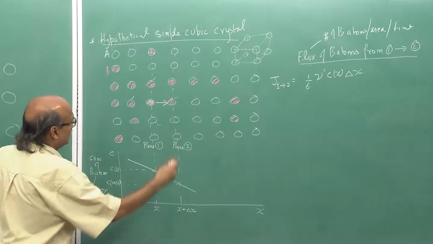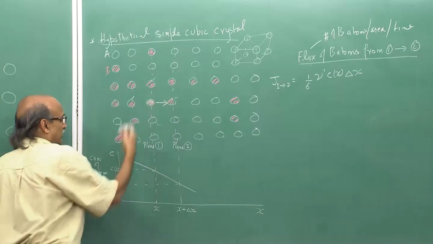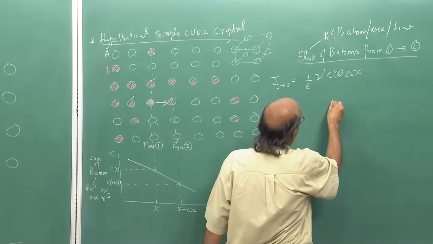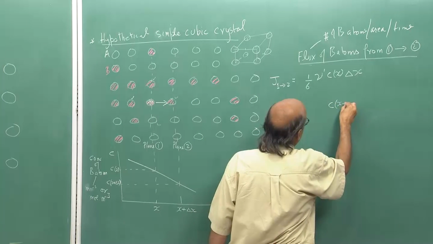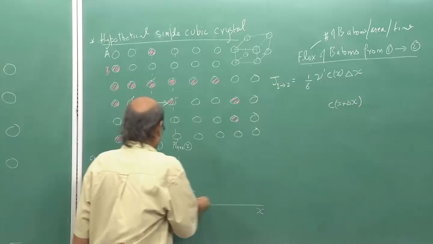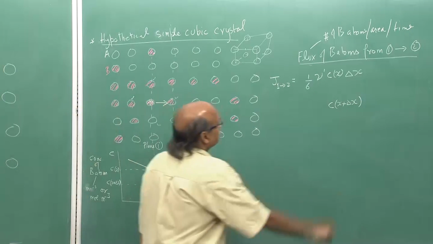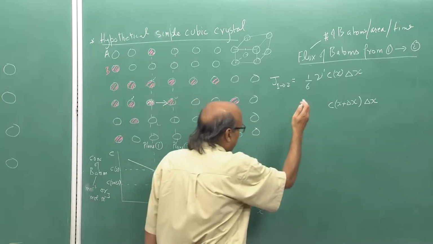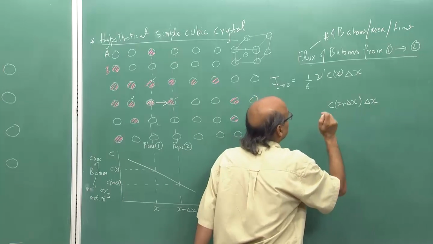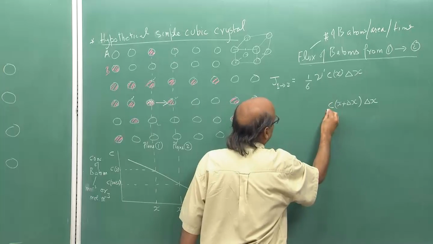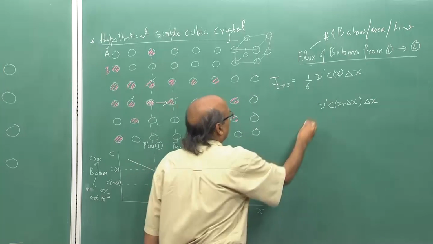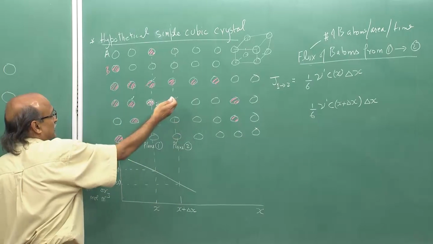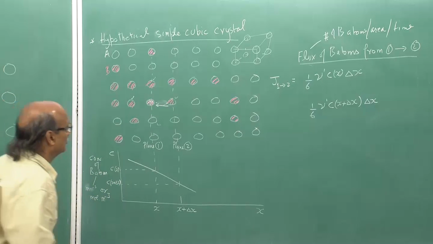Now, similarly, B atoms can jump from plane 2 to plane 1 in a similar situation. In that case, the total number of atoms available per unit area is Cx plus delta x, the concentration in plane 2, multiplied by the volume, which would give me the number of B atoms in plane 2 per unit area, multiplied again by the jump frequency and multiplied by 1 upon 6, because again there is only one jump which would take an atom from plane 2 to plane 1 out of the 6 possible jumps.